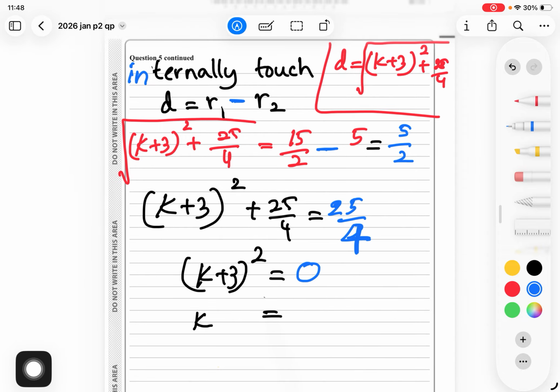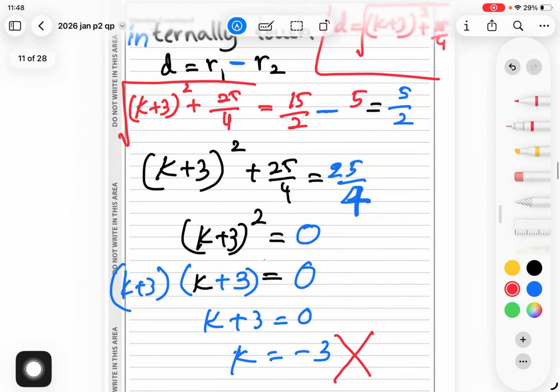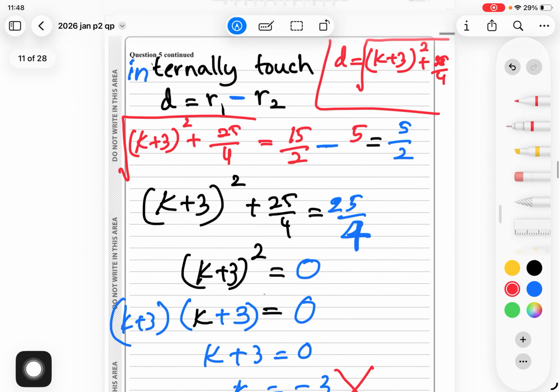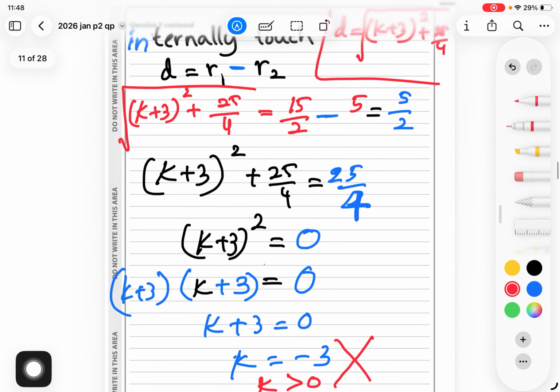So k plus 3, bracket squared, will be 0. In this case, we can see k plus 3 equals 0, which means k will be negative 3. We can say this is not acceptable because k is greater than 0. So we can't go for this answer. So internal touch is not correct.